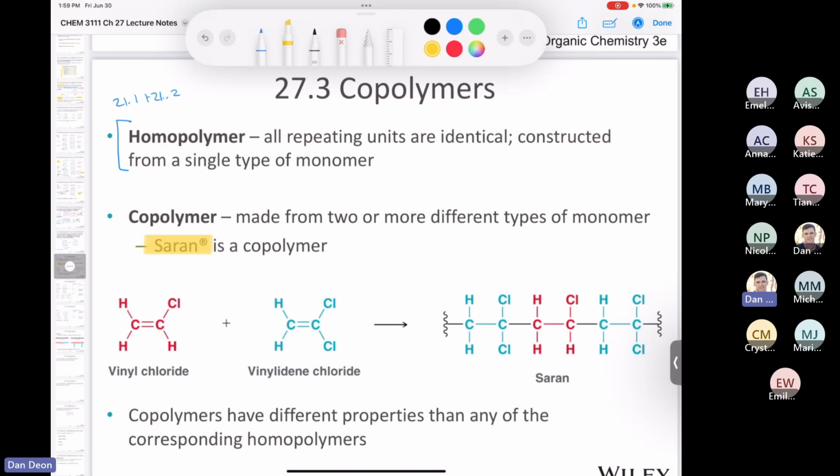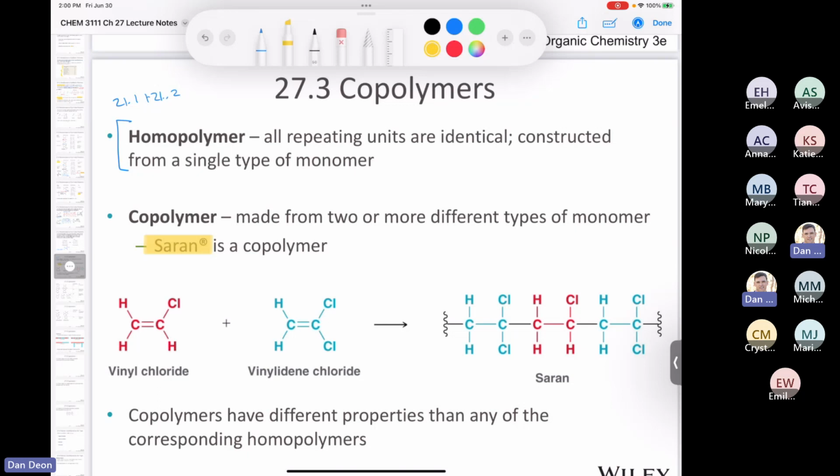And then if you mix them to make saran, you end up with something with new properties. So that's one of the great things about chemistry is you can mix and match, and you end up with brand new characteristics. And so that's why material science is such a cool area of research in chemistry. But anyhow, so when you mix vinyl chloride and vinylidene chloride, you get saran.